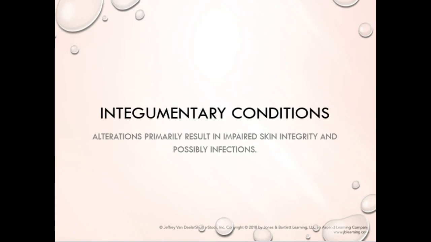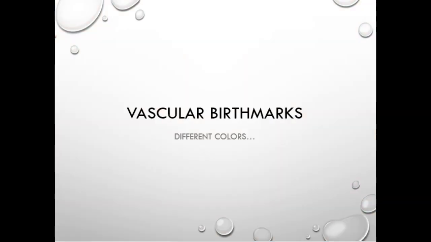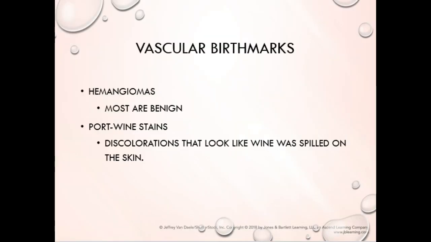Okay, so integumentary conditions. Vascular birthmarks. These are basically different colors for different causes. So hemangiomas, I'm sure you're all familiar with. You could get hemangiomas or dilated blood vessels on the skin. You can also have them in your body.